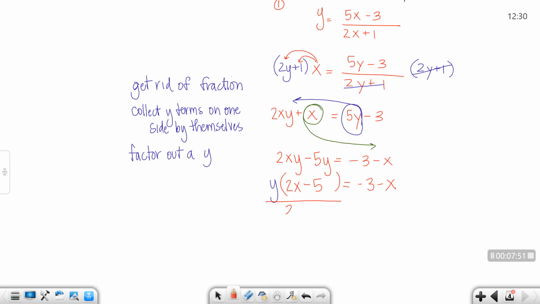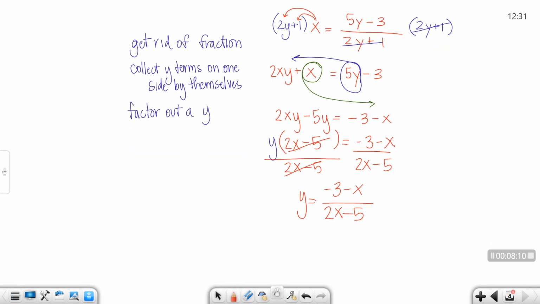So to get y by itself here, I can divide both sides by 2x minus 5. So y would equal negative 3 minus x over 2x minus 5. That is your inverse.